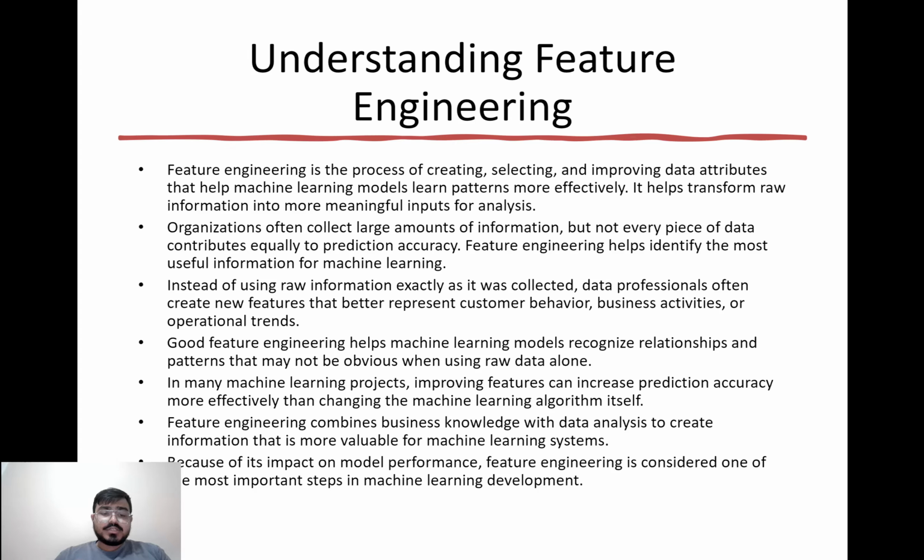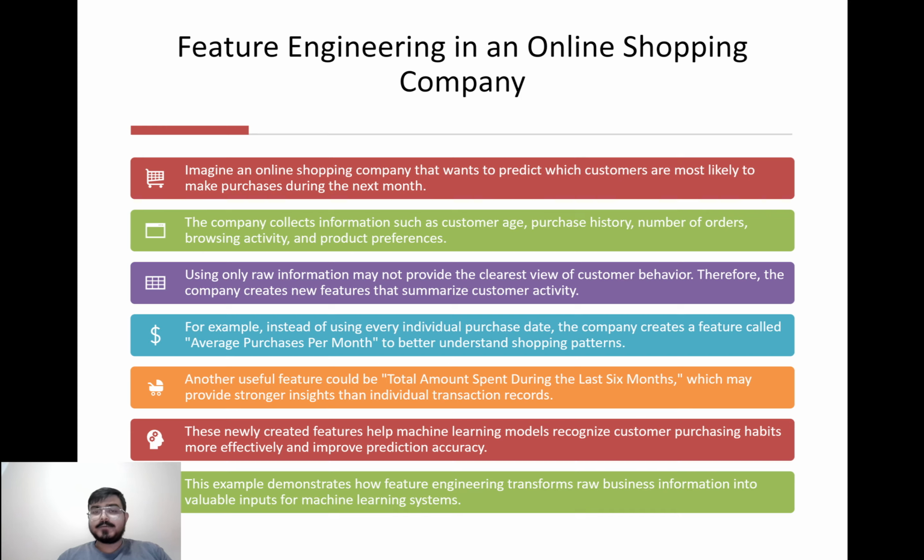Feature engineering helps machine learning models identify relationships and patterns that may not be obvious when using raw information alone. In many projects, improving features can increase prediction accuracy more than changing the machine learning algorithm itself. This is why feature engineering is considered one of the most important steps in machine learning development.